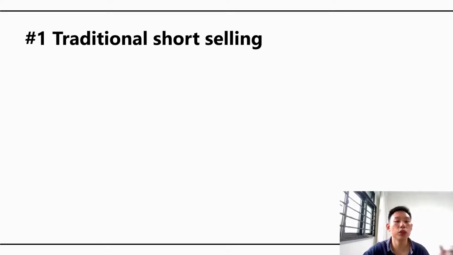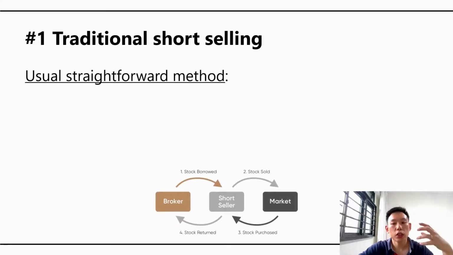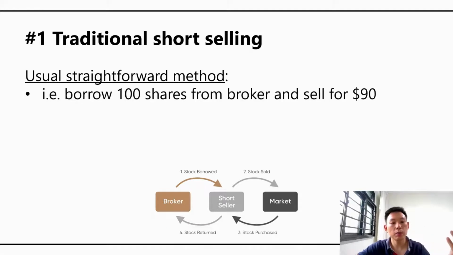The first one is the usual straightforward method where you borrow shares from a broker and then sell it at the current market price. Subsequently, you buy it back in the future with the hope that the share price will go down. For example, if you think that Facebook or Meta Platforms is likely to go lower from 90 US dollars to maybe 60 US dollars, you can borrow 100 shares from the broker and sell it in the market for $90.